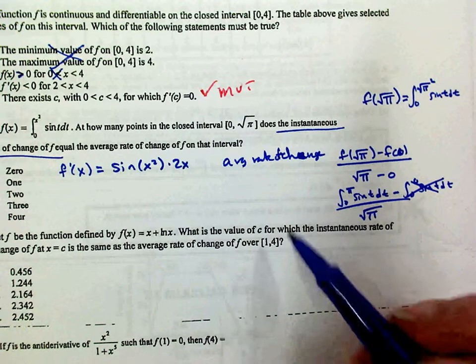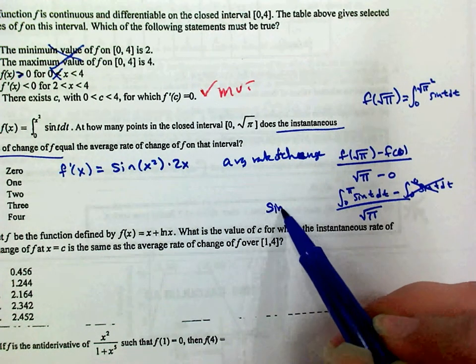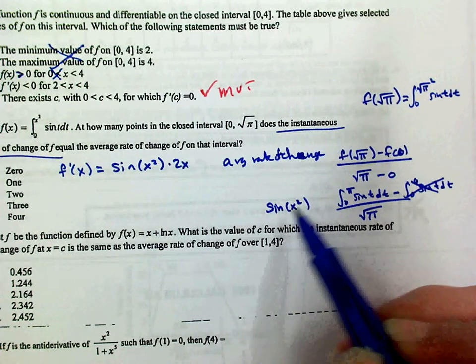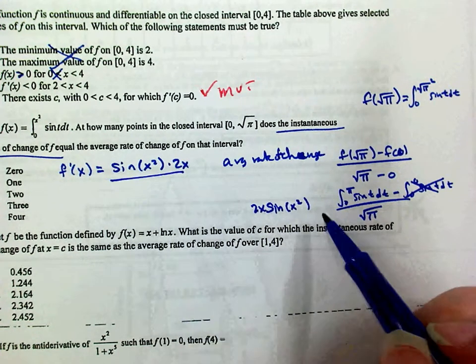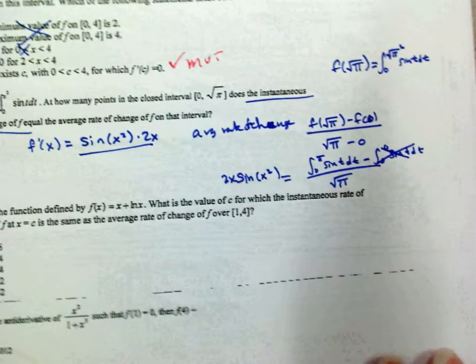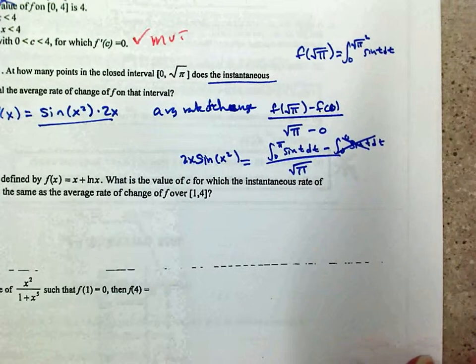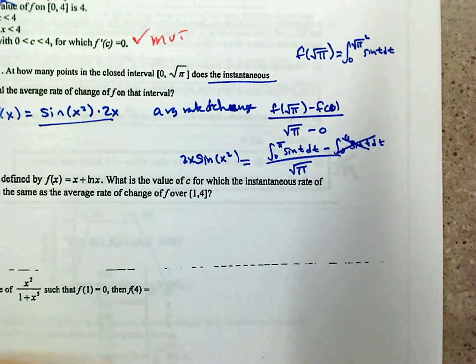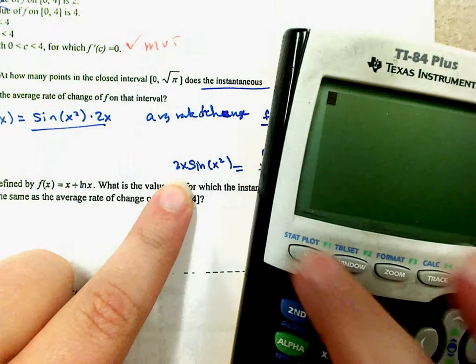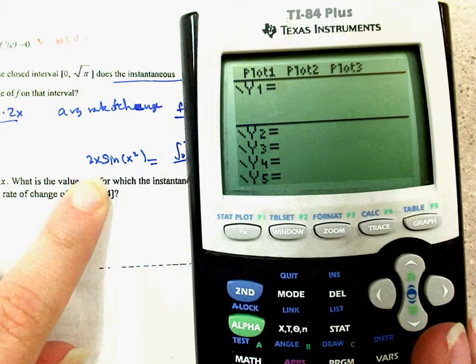So my question is, at how many points does the instantaneous rate of change, this, equal the average rate of change, this? So if this is a calculator question, what would you do right now with this expression? Yeah, I'd probably graph. So I'd go to y equals, and I'm going to graph 2x sine of x squared.